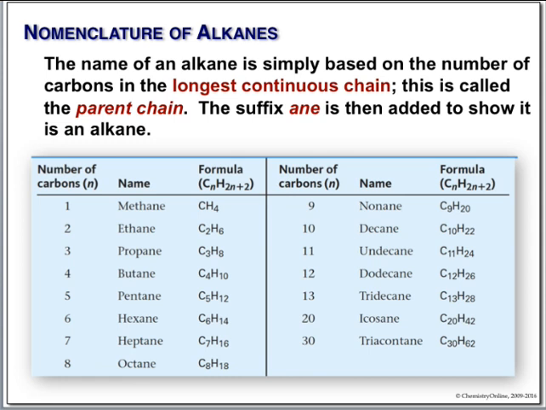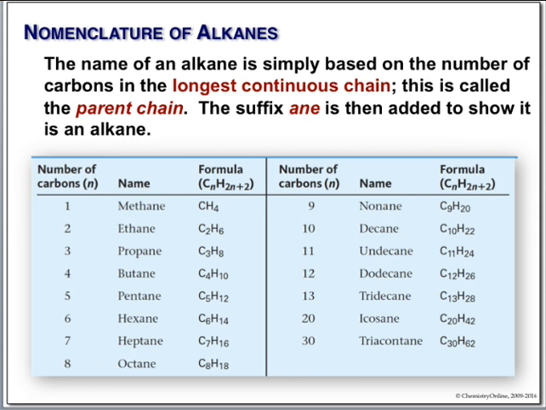We'll call this the parent. The longest continuous chain will be the parent. Then we're going to look at the number of carbons in that longest continuous chain. When we do that, we can assign a name.